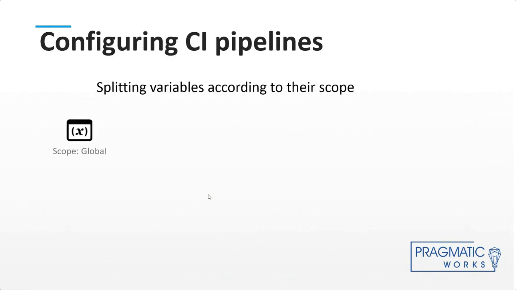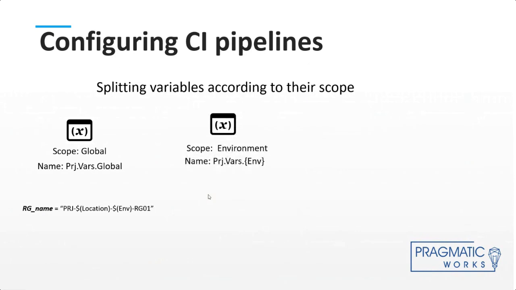For example, we have a variable group with a global scope, which contains static values which are valid for almost everything in the entire solution. For example, we can name it vars global. And as an example, it can contain a pattern of the Azure resource group.